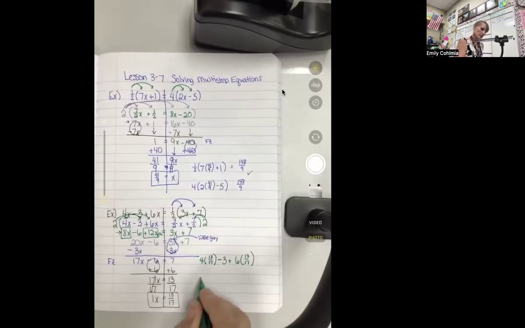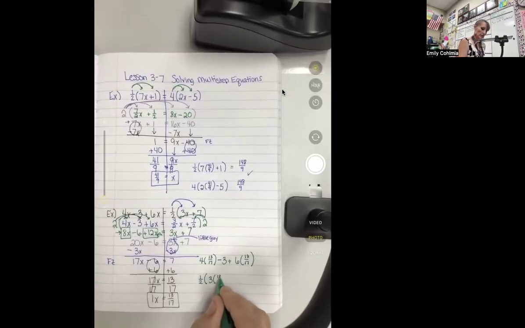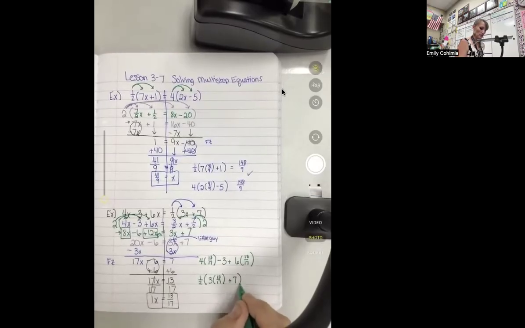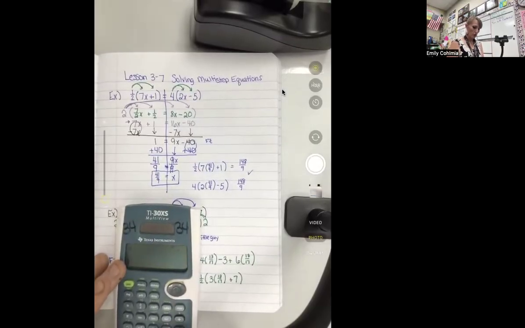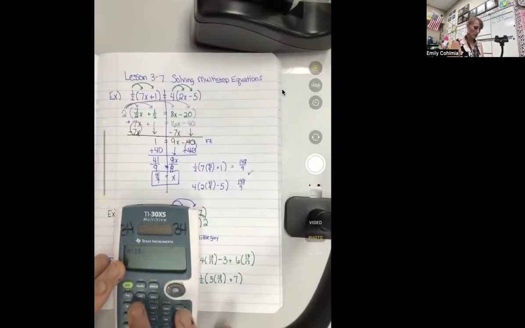The other side then was half parentheses 3 times x, so the x is 13 over 17, plus 7, and then close our parentheses. So let's put these in our calculator and let's see what happens. So we got 4 parentheses, 13 over 17, close my parentheses, minus 3, plus 6, parentheses, 13 over 17.